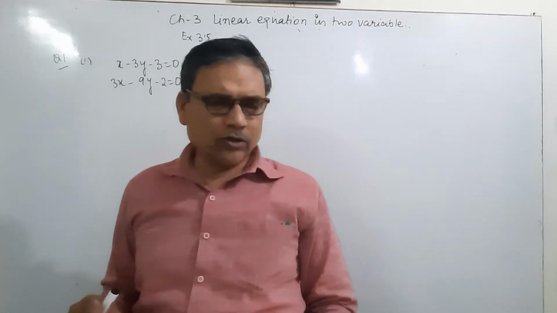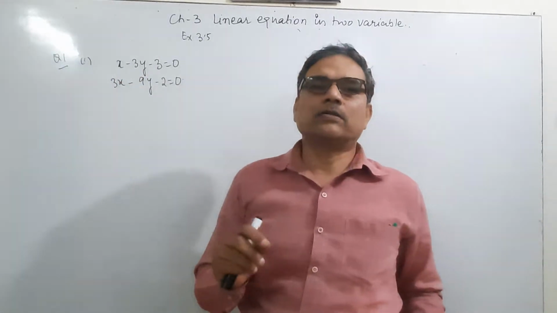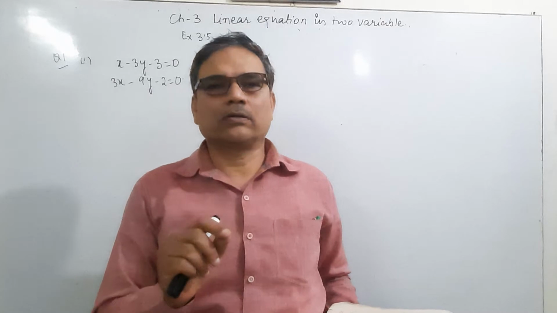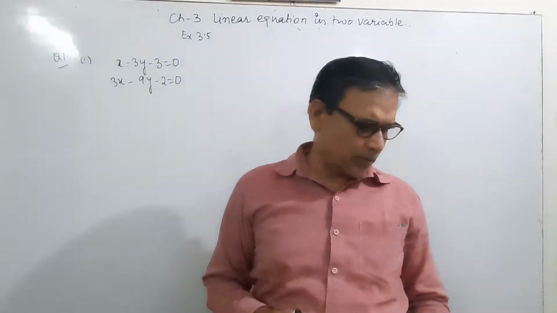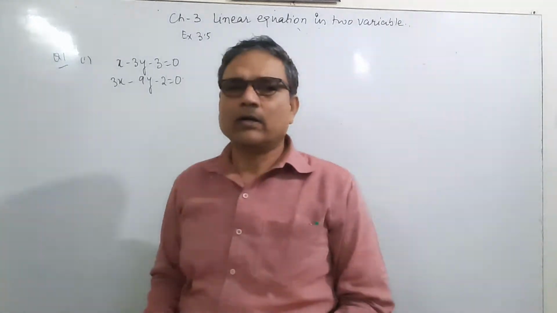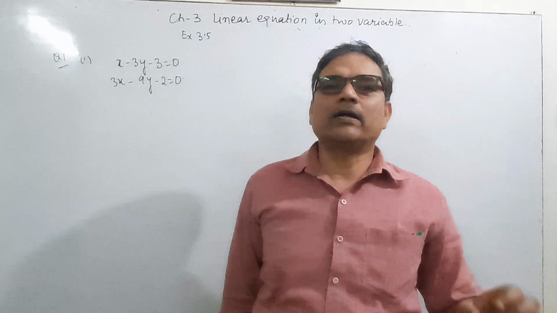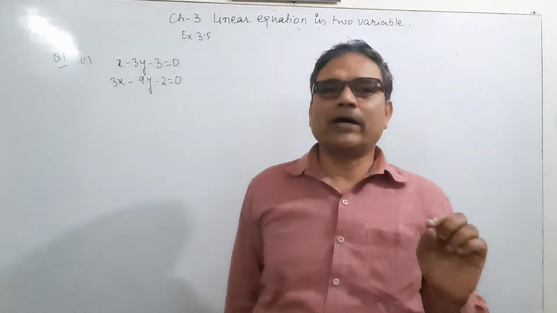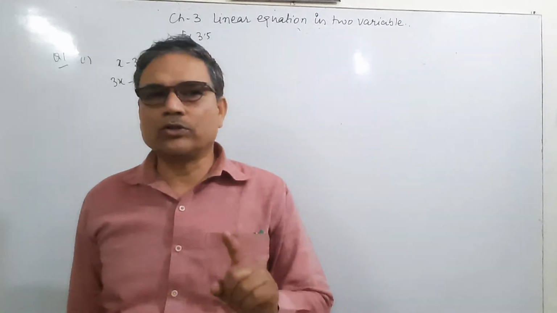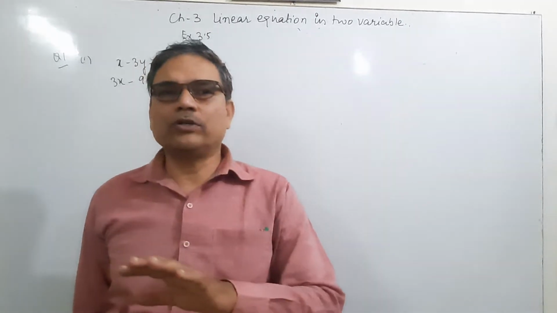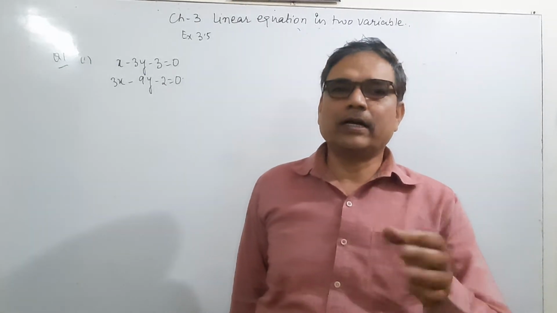If the linear equations in two variables have a unique solution, then by using the cross multiplication method you have to find out the values of x and y. If it has no solution or many solutions, then you need not find out the values of x and y, and leave that question.